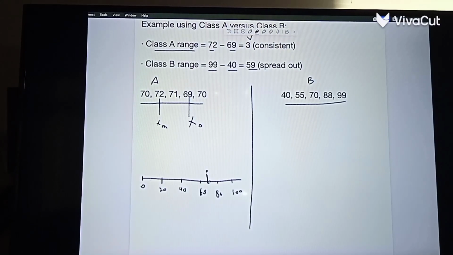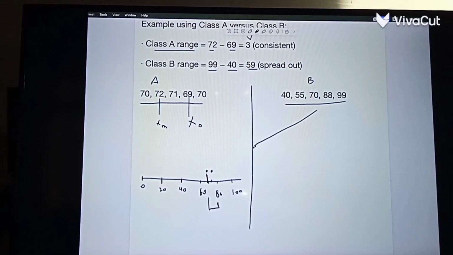Then the maximum value is 72, which is a little bit higher than 70. So this is 72. Now see, this is x naught and this is xm.